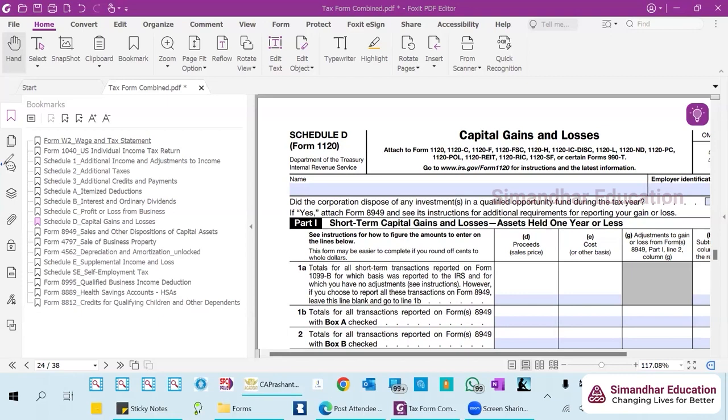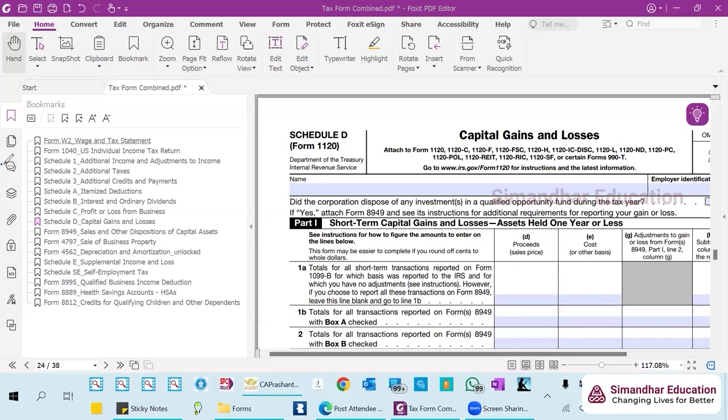If you are making a big calculation for your boss, does your boss need that big calculation? He needs a summary of it, right? So you prepare a summary of it. That detail that you prepare for yourself is like a schedule. That summary that you prepare for your boss is like what is on the form.